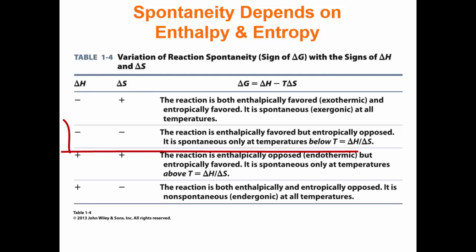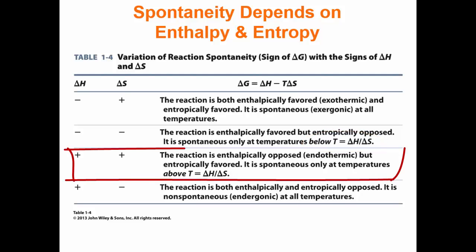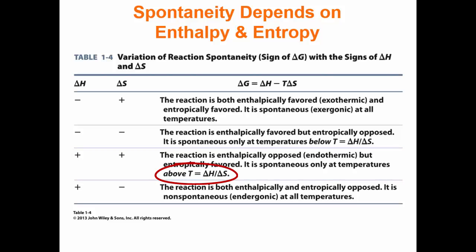Now, when we have cases in which the reaction is exothermic but decreases in entropy, then the spontaneity of the reaction is dependent on temperature, where at temperatures below the ratio of delta H over delta S, the reaction is spontaneous. If a reaction is endothermic but increases in entropy, then the reaction is only spontaneous at temperatures above the ratio of delta H over delta S.